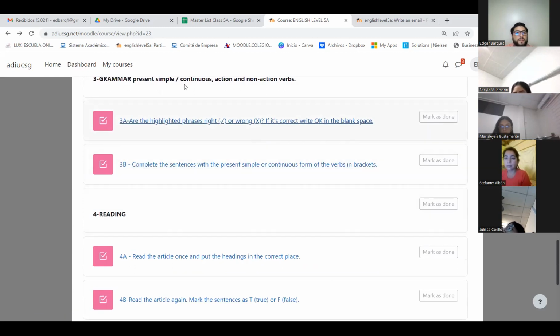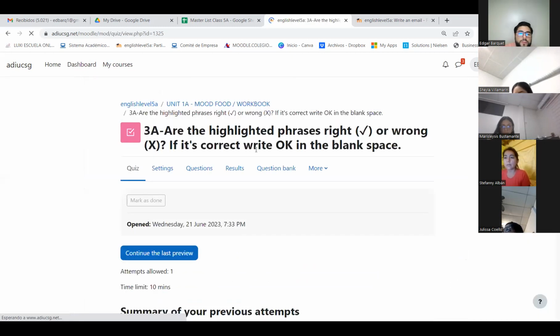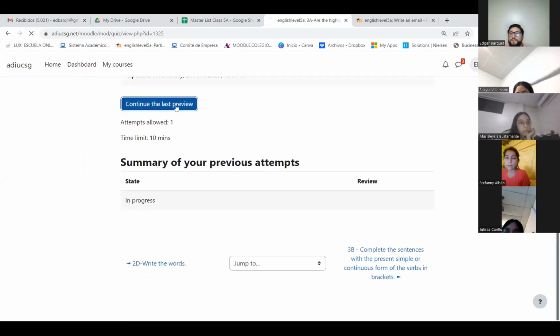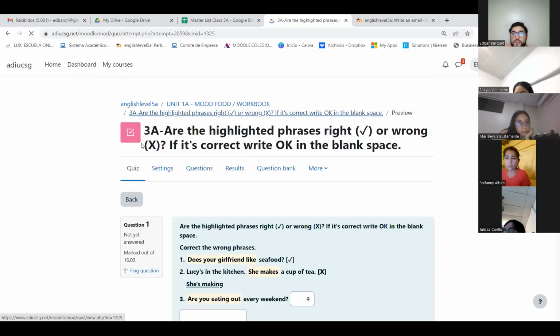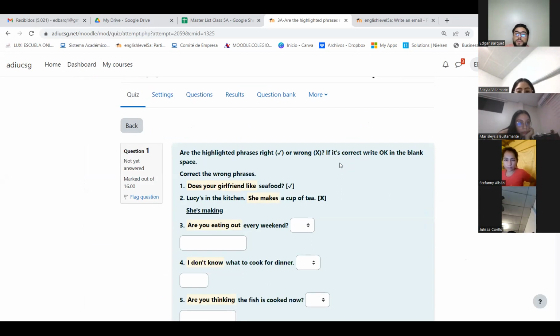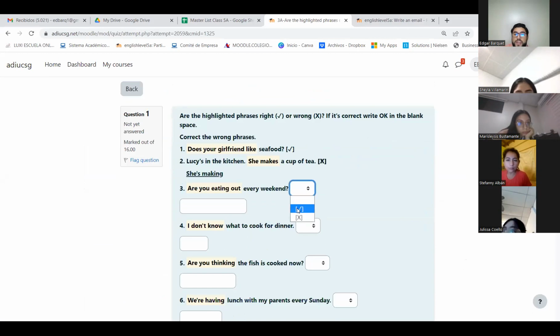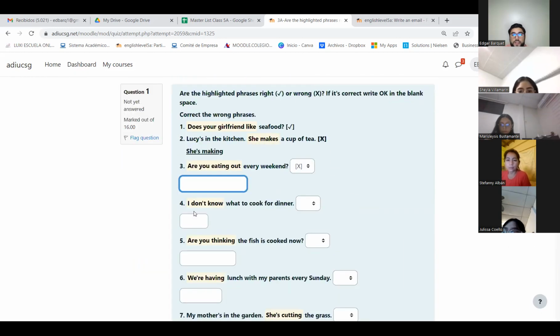All right. So, ladies and gentlemen, we have this activity 3A. You're going to have to identify if the phrase is correct or not, based on what we did last class. If the question is correct, you put a check or an X. If it's wrong, then you have to fix it. In this case, number 3 should say, are you eating out every weekend?